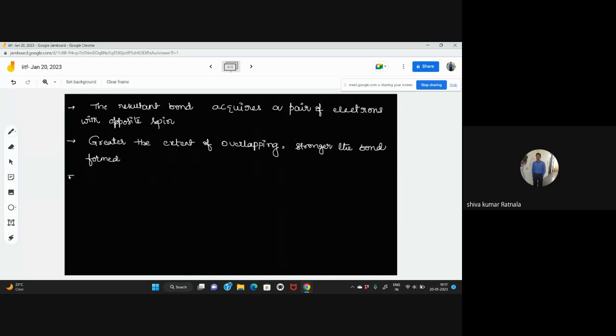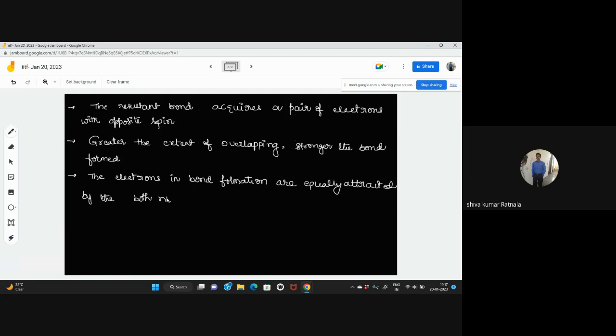Next, the electrons in bond formation are equally attracted by both the nuclei.